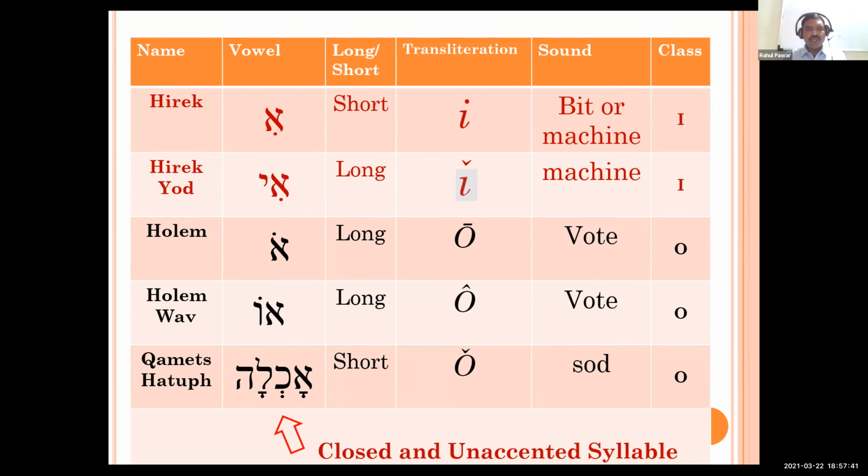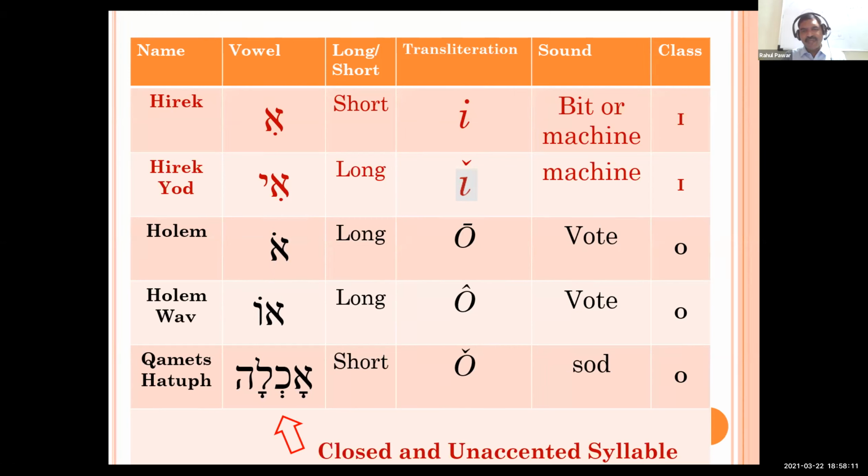The next O class vowel we have seen is comets hatu. If you put comets under a consonant, the condition is that the syllable must be closed and unaccented. Whenever there is a closing of the syllable, then instead of comets, that is, instead of an A class vowel, it becomes an O class vowel.